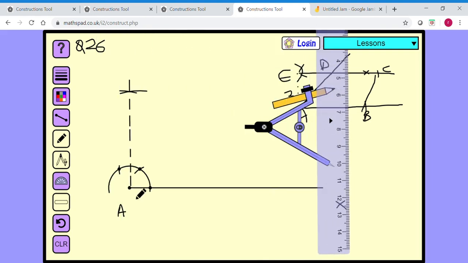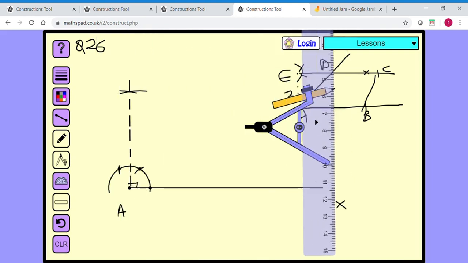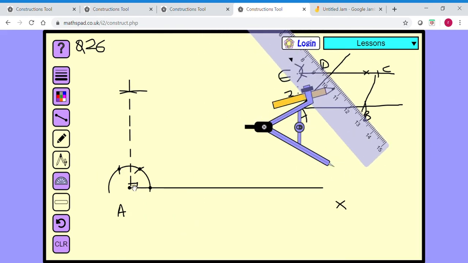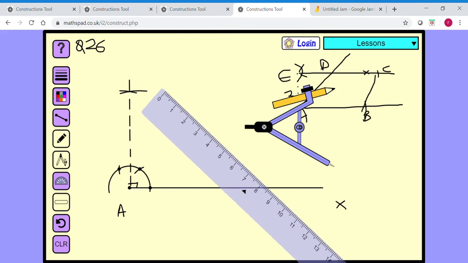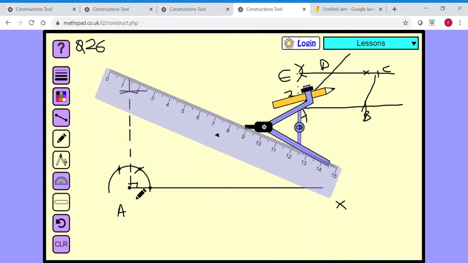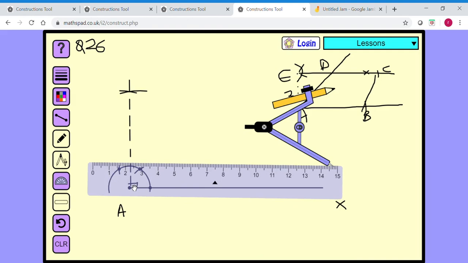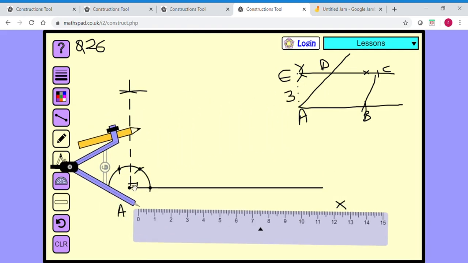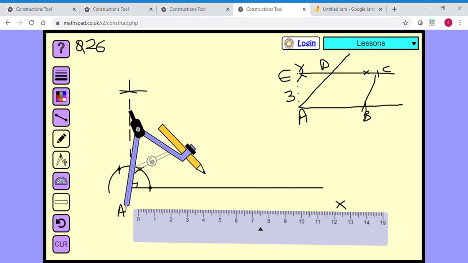Perfect. So this is a 90 degree angle that I've drawn. The height is 3. So let me measure 3 and let me find the height. I'll take my compass and measure 3 units. This is 3 centimeters here.